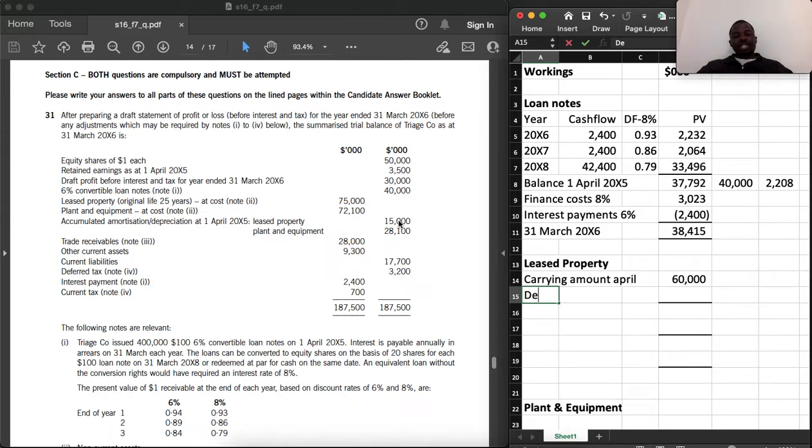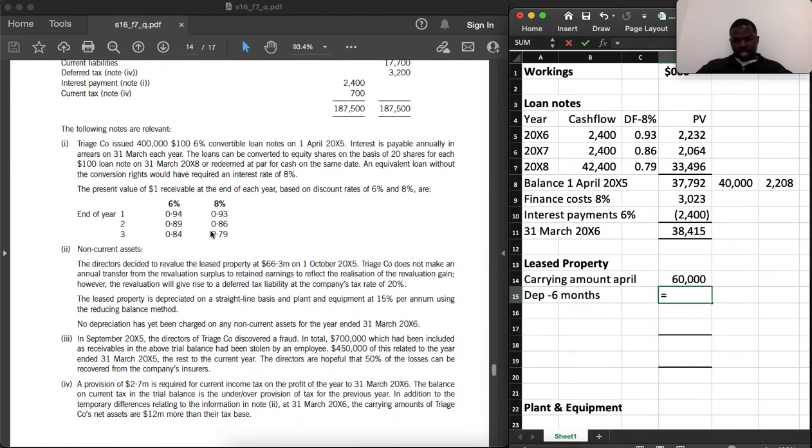Then we need to depreciate only for 6 months. So the depreciation is 25 years at straight line. Let's go to that note. The leased property is depreciated on a straight line basis. So we'll say minus 75,000, which is the cost, divided by 25 years.